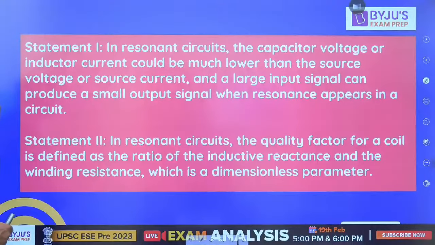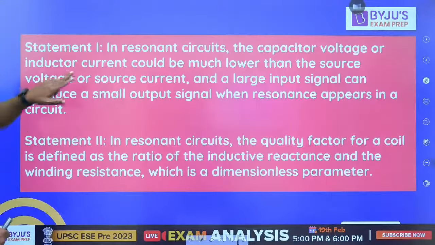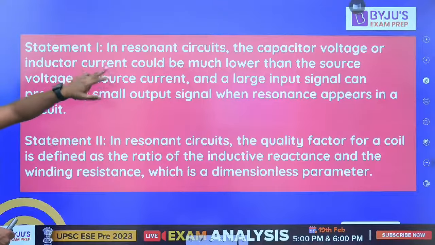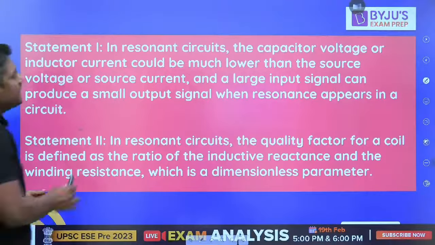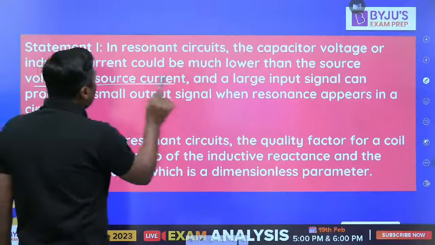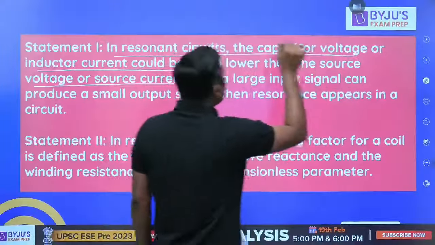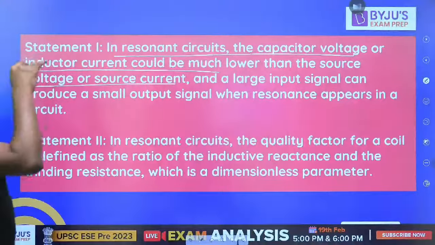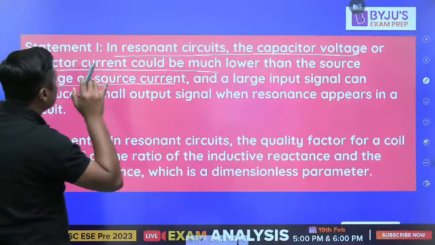In the resonant circuit, the capacitor voltage and inductor current could be much lower than the source voltage and source current. If you have the idea about the resonance circuit, my dear friends, the capacitor voltage and inductor current could be much higher, not lower, than the source voltage or source current.